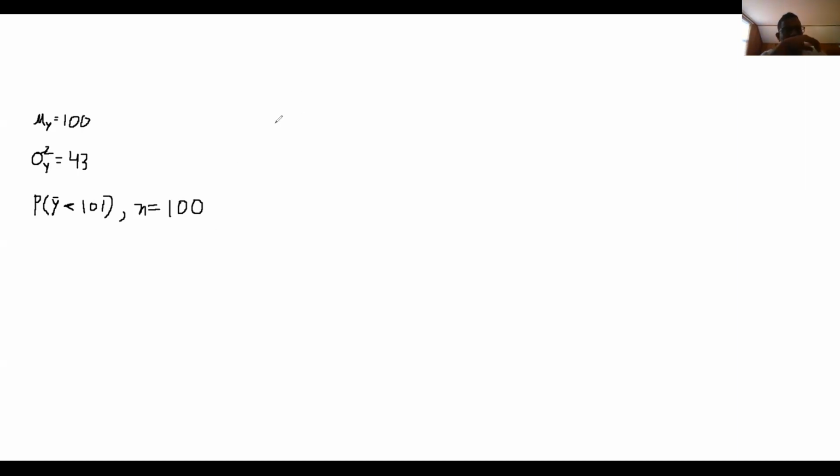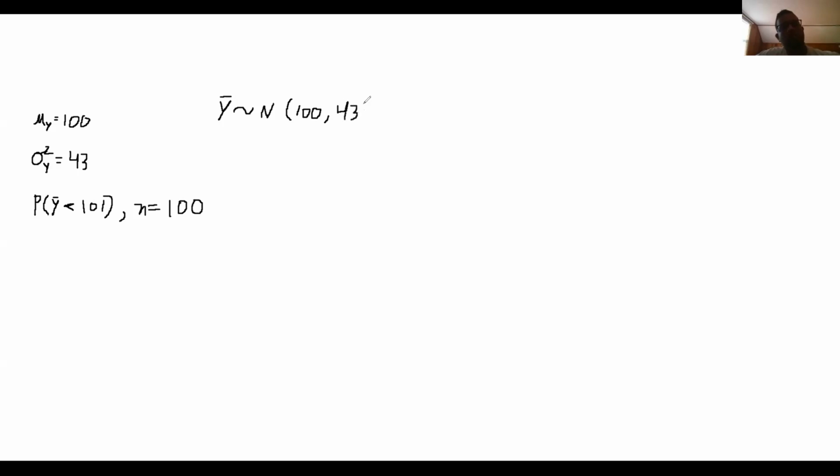So because n is large, I can say that y is, we can practice the notation, y is normally distributed with mu being 100 and the variance, sorry, I meant to say the variance is 43.